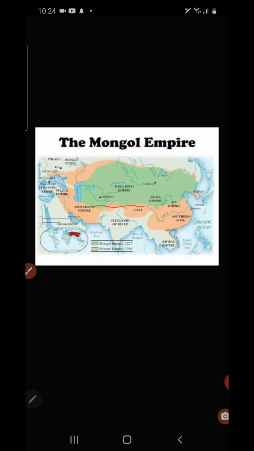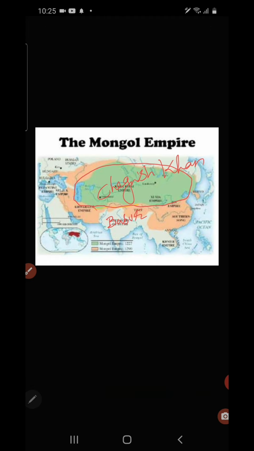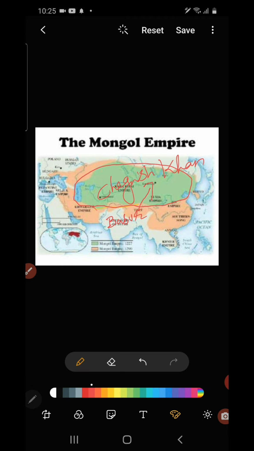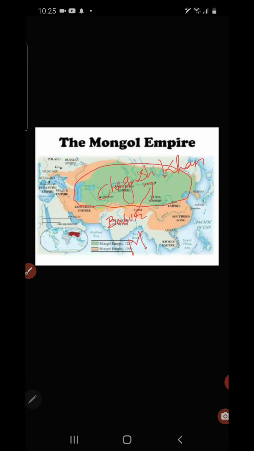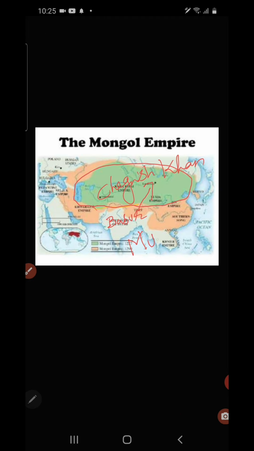One of the famous rulers of the Mughal dynasty was Chengiz Khan. Babur, who established the Mughal Empire in India, was related to Chengiz Khan from his mother's side. So the term Mughal, for the dynasty which was established by Babur, is derived from that.